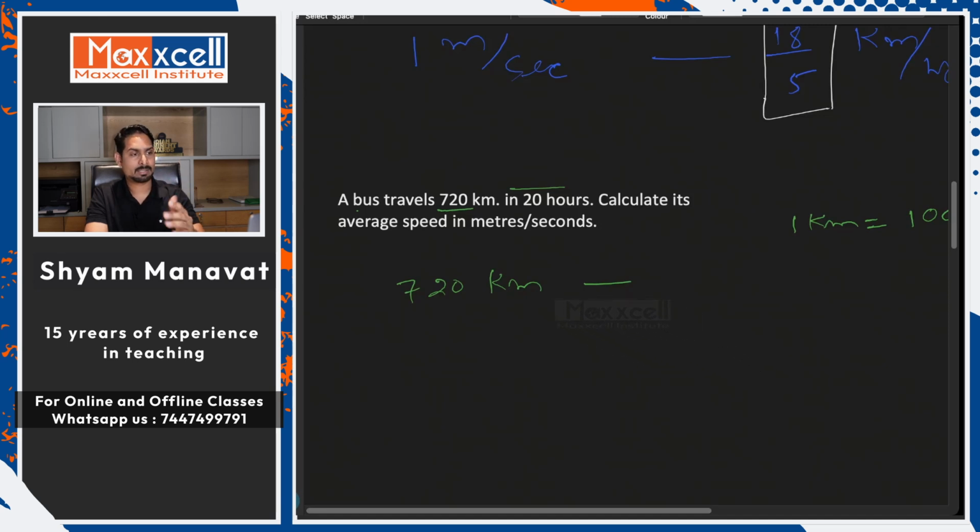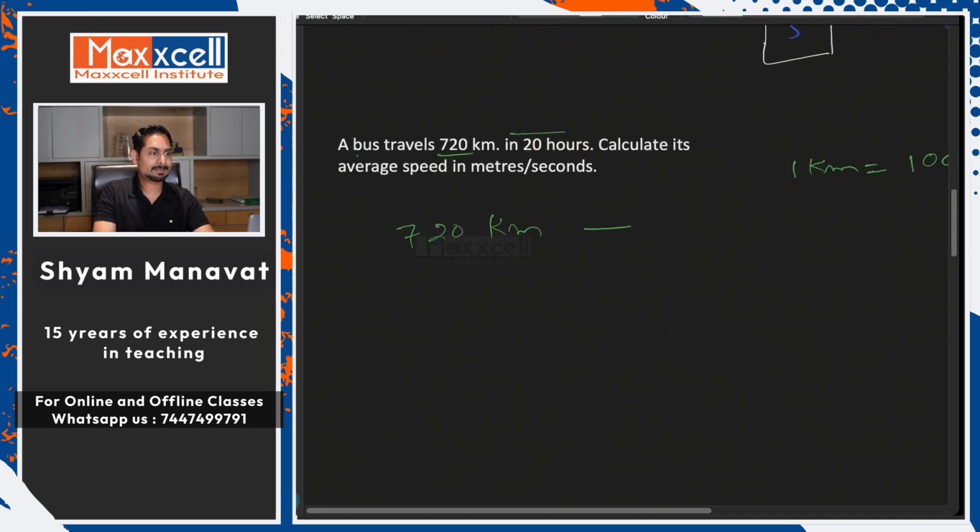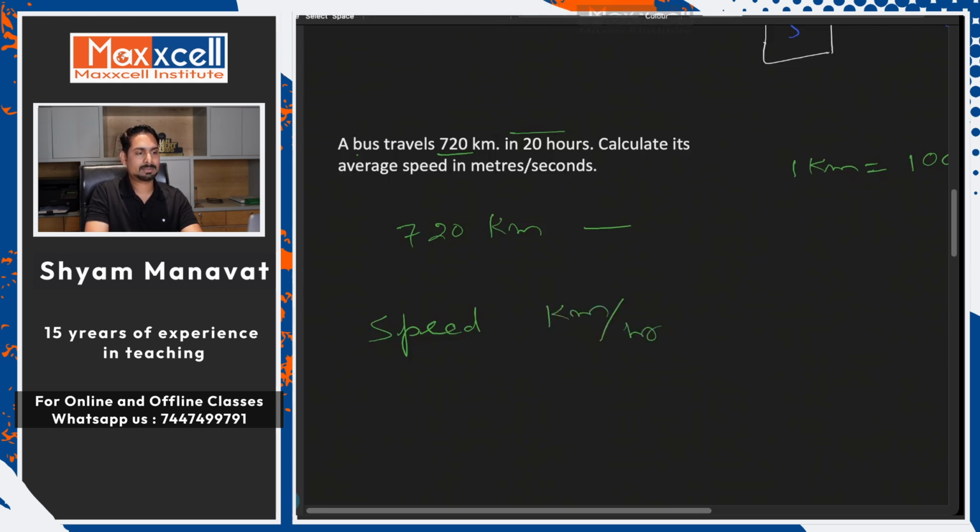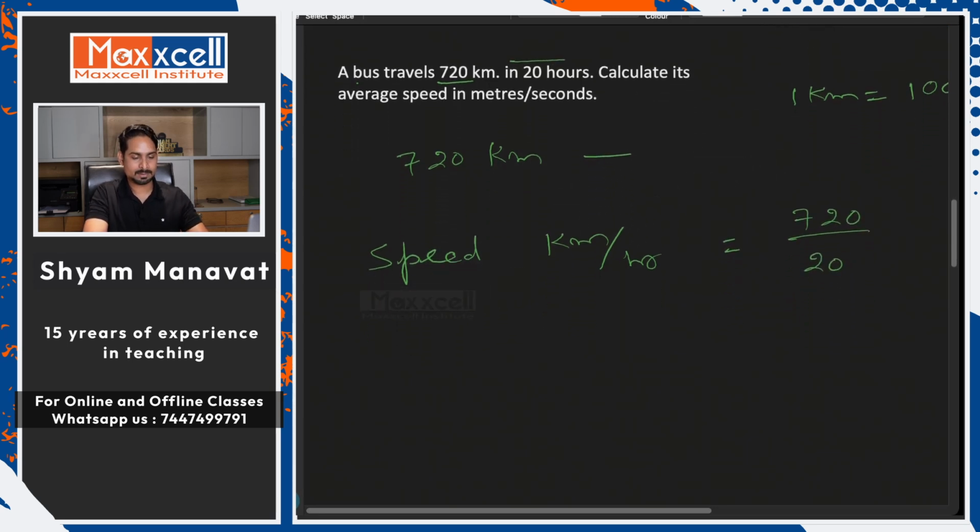Okay, and then you can divide. Else, I suggest you calculate the speed here in kilometer per hour itself. So how much is that? Speed equal to distance 720 upon time, that is 20, right? Distance upon time.